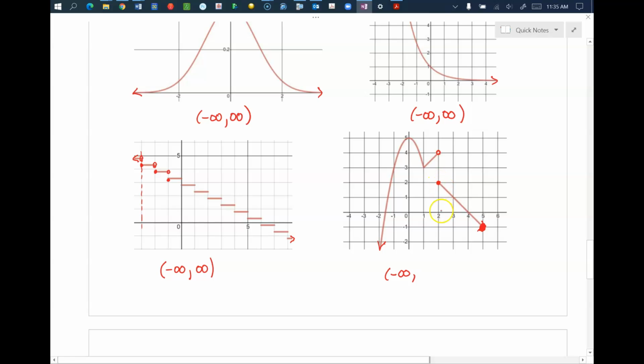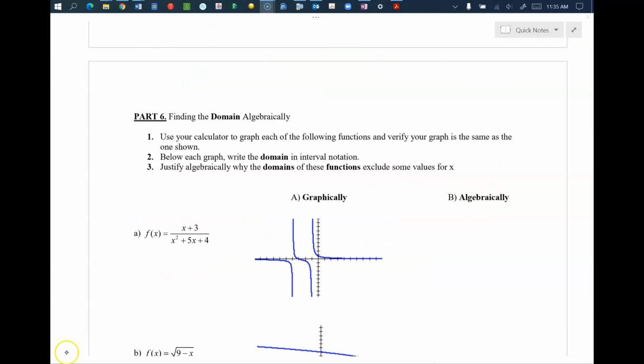So we don't technically skip over an x value of 2. It goes on to 3, it goes on to 4, it stops at 5. So our domain for this function is from negative infinity to 5.